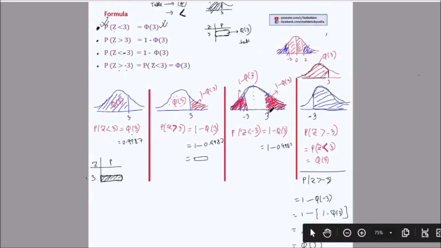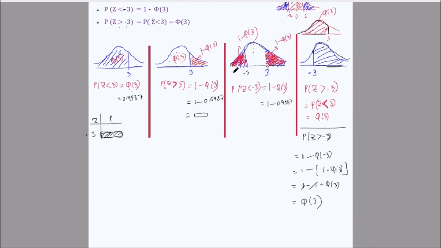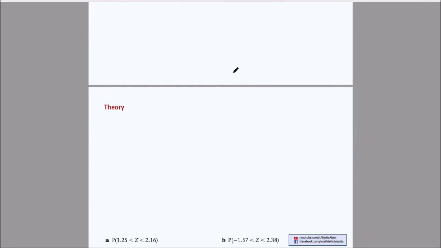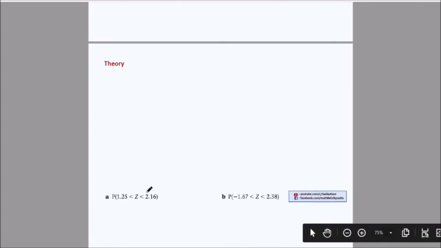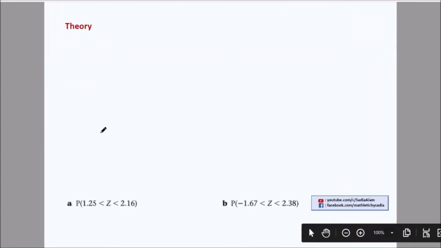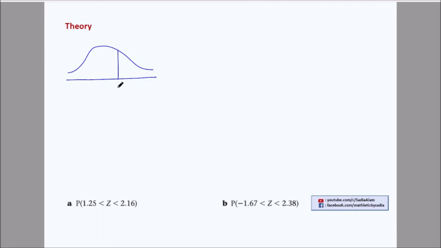So using these 4 formulas, we can solve this. Apart from that, you need another thing. If the value is given within a range, suppose we need to find the value between 2 and 3, this part only.